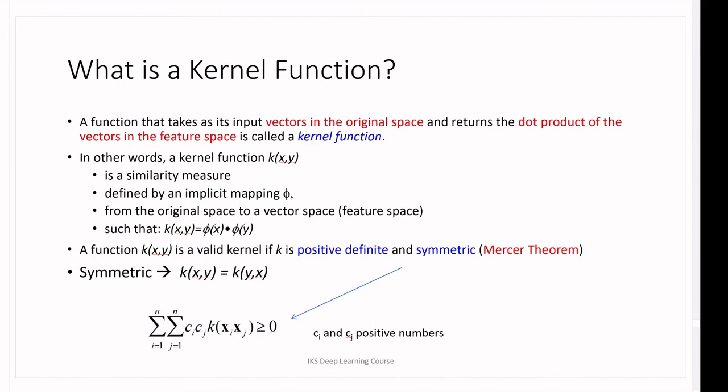And of course, it is defined by an implicit mapping phi from the original space to the vector space. The mapping has the property that k(x, y) is equal to phi(x) dot phi(y). So any function that satisfies this, and is positive definite and symmetric, is known as a kernel function.